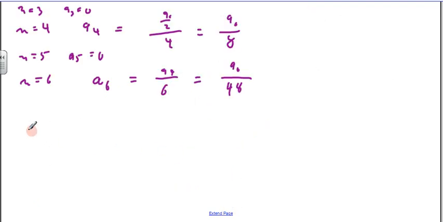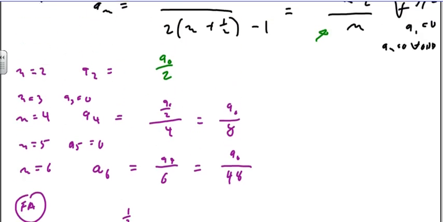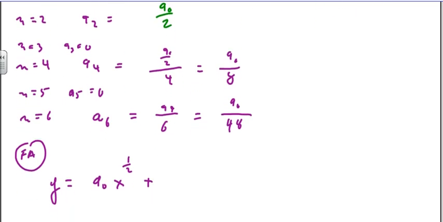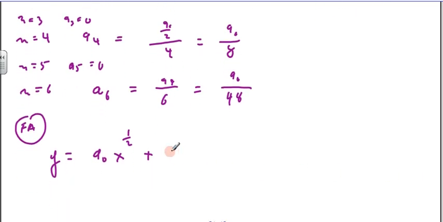All right, final answer. y is equal to a0 x to the 1/2 plus a2, which is a0 over 2 x to the 5/2, plus a0 over 8 x to the 7/2.